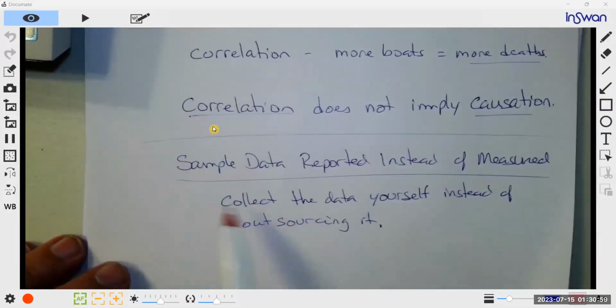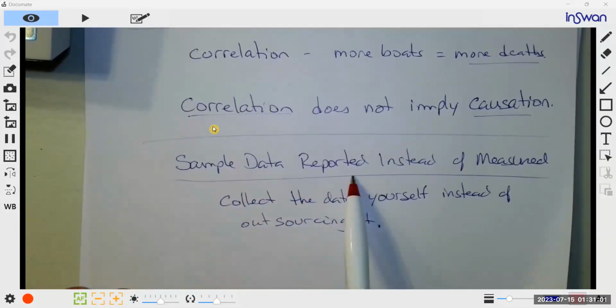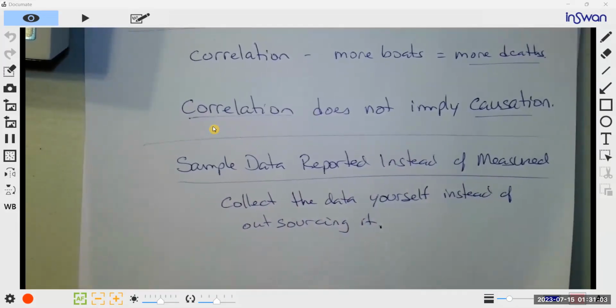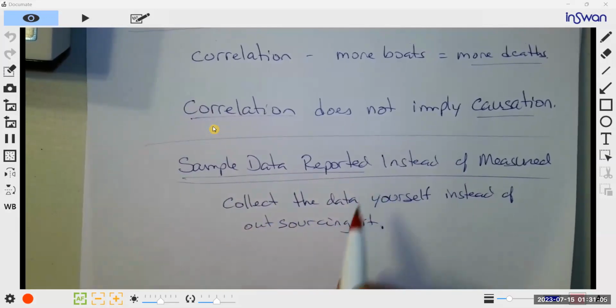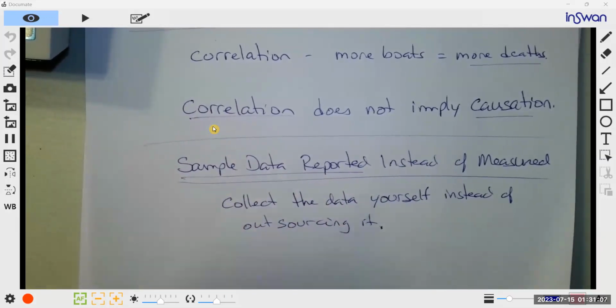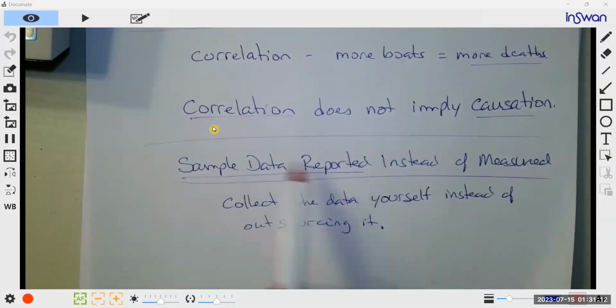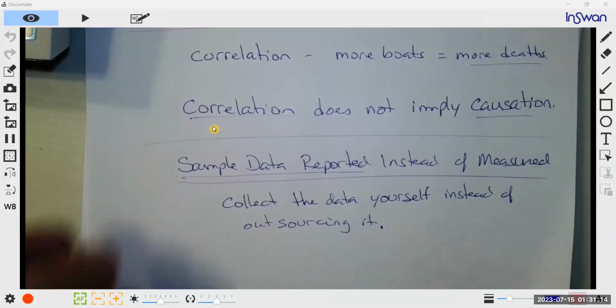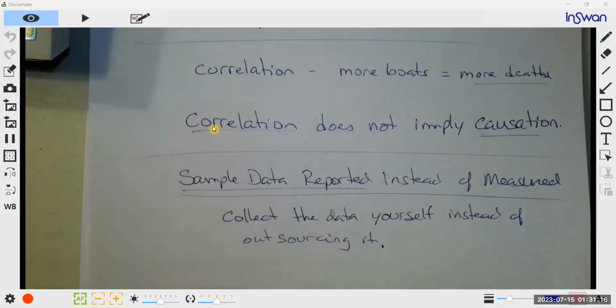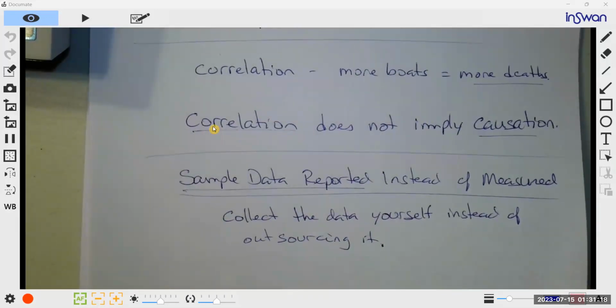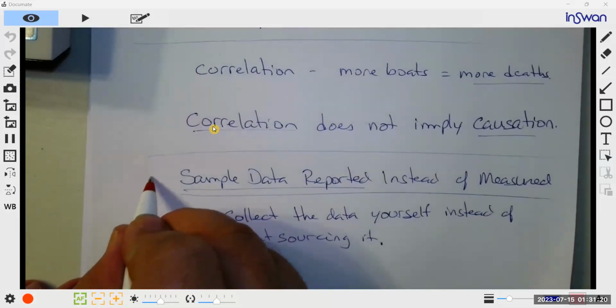So collect the data yourself. Sample data reported instead of measured means somebody gave you the number. You ask somebody, what's your weight? That's reported, as opposed to you measuring it. That's another pitfall. That's number 2.